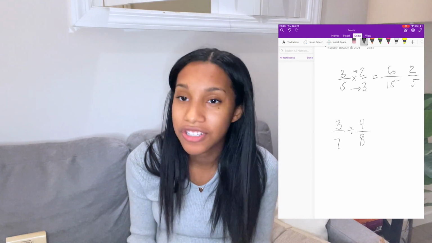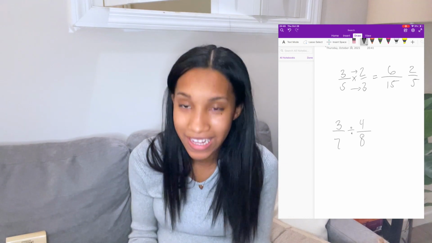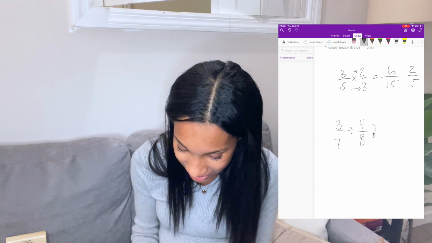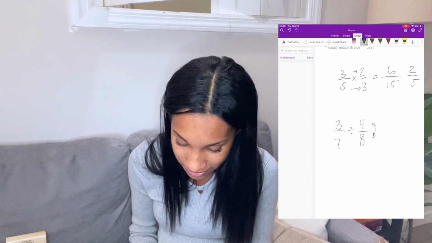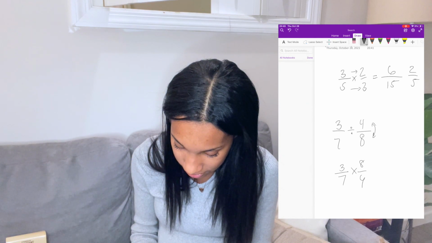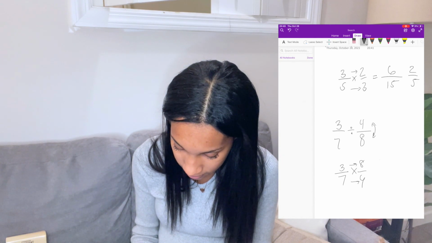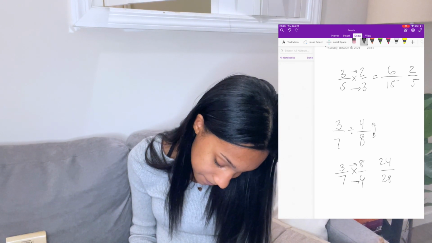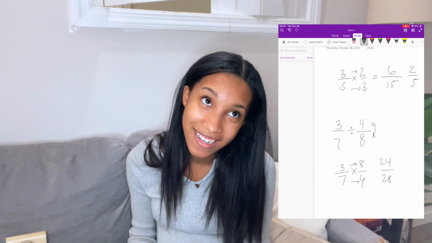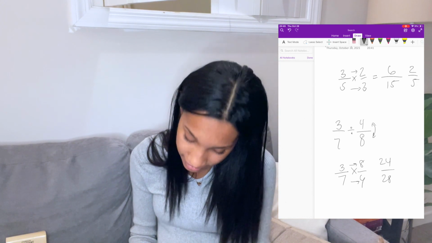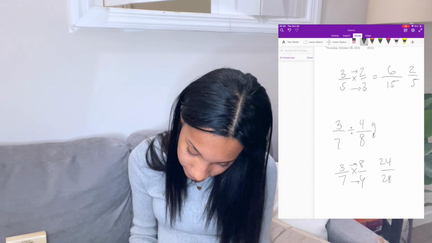What you're going to do is just choose a lucky fraction. I like to choose the second one. You're going to flip it. So you're going to invert these, and then you're going to multiply. So 3 over 7 times 8 over 4. And then you just multiply straight across. So then 24 over 28. And that's going to simplify to something. Do I divide by 4? I think it's over 4. Yeah, so 6/7.